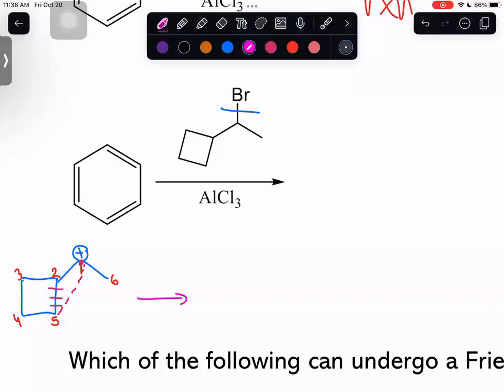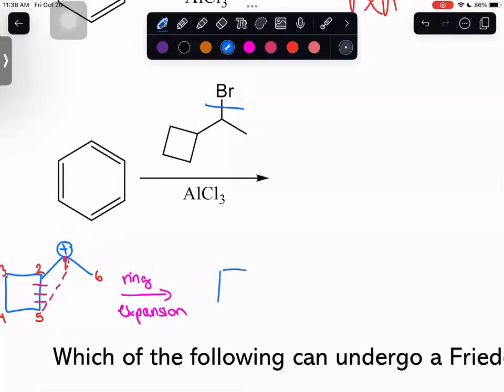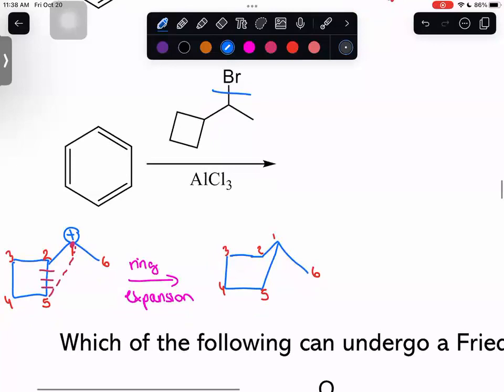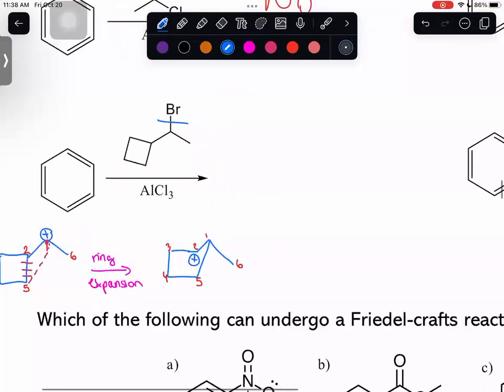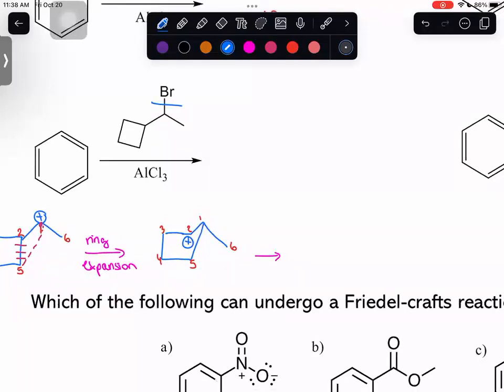Now, after that, let's see what's going to happen. Okay, so far, this is what just happened on the molecule.